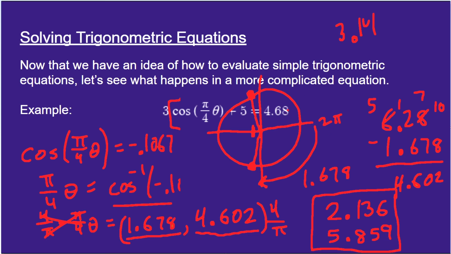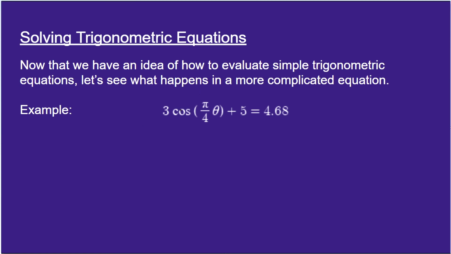So to recap, guys, what is it that we did to actually solve this? We essentially isolated cosine. We subtracted 5 from both sides, and then we divided by 3.